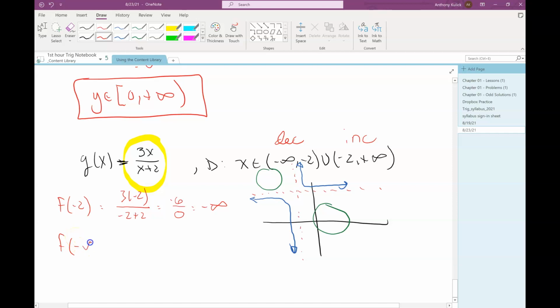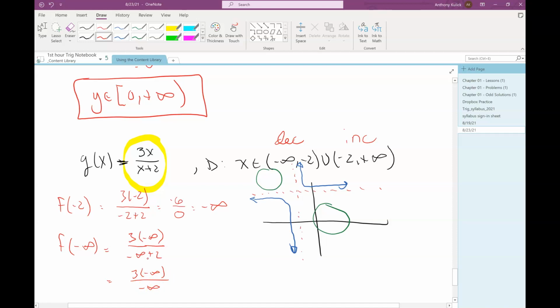And if I do negative infinity, I have this, right? Everybody's okay here? Now, if I do negative infinity plus 2, that doesn't really make any kind of difference, right? That's still going to be negative infinity.